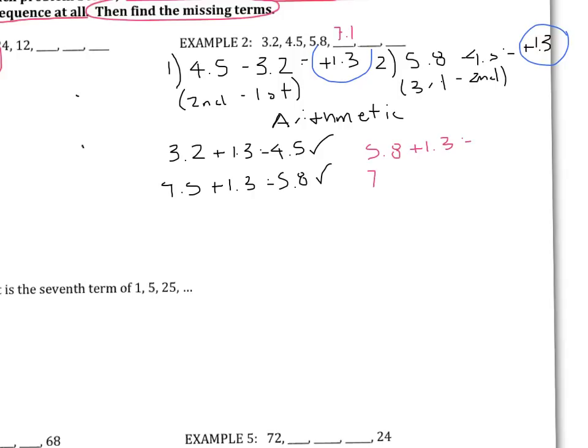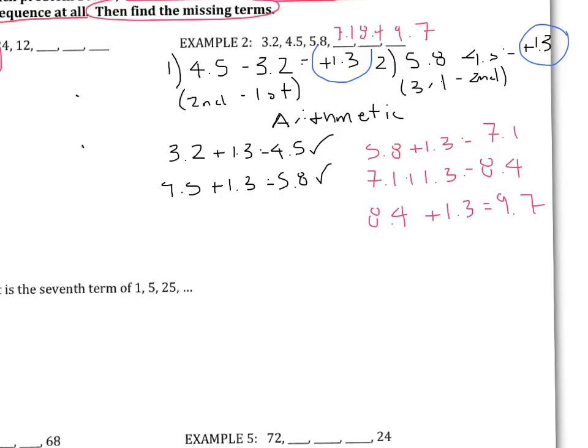I'm going to do 7.1 plus 1.3. That's going to give me 8.4. Oops, I forgot to write that in up here. So our next term is 8.4. And then I'm going to do 8.4 plus 1.3, and that's going to give me 9.7. So our last is 9.7.